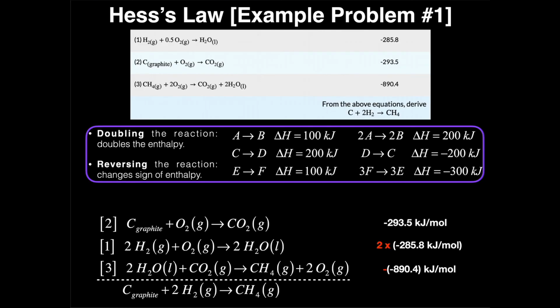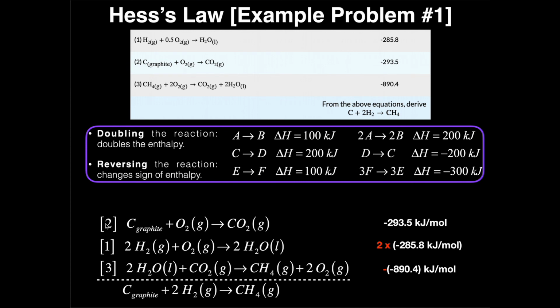But my biggest tip going forward with a Hess's Law problem is don't try to just add these up, okay? Get a strategy going. What you need to do is look at the master equation, go chemical by chemical, and ask yourself, is that chemical in the equations up here, is it on the correct side? If not, reverse the reaction. And if it has the wrong coefficient, well then multiply it by something, and then remember to do the same things to that enthalpy.